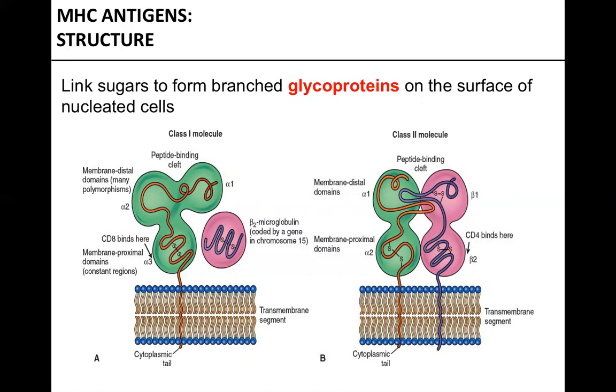You can see that class 1 over here is connected to the cell membrane at one point, right here, with a so-called tail, and consists of an alpha and beta chain. The alpha is actually folded into 3 sections, alpha 1, 2, and 3. And the beta chain here is kind of by itself. It looks like it's free floating. It's not really, it's just weakly connected to the rest of the structure.